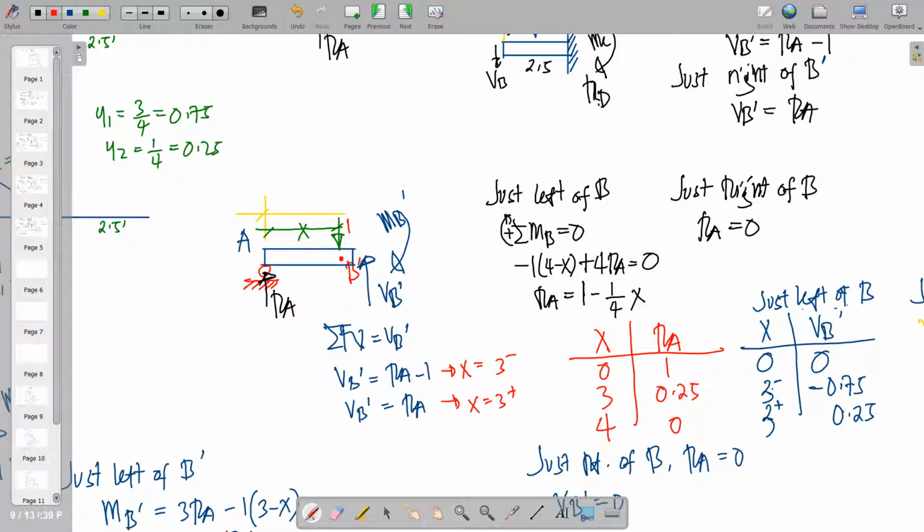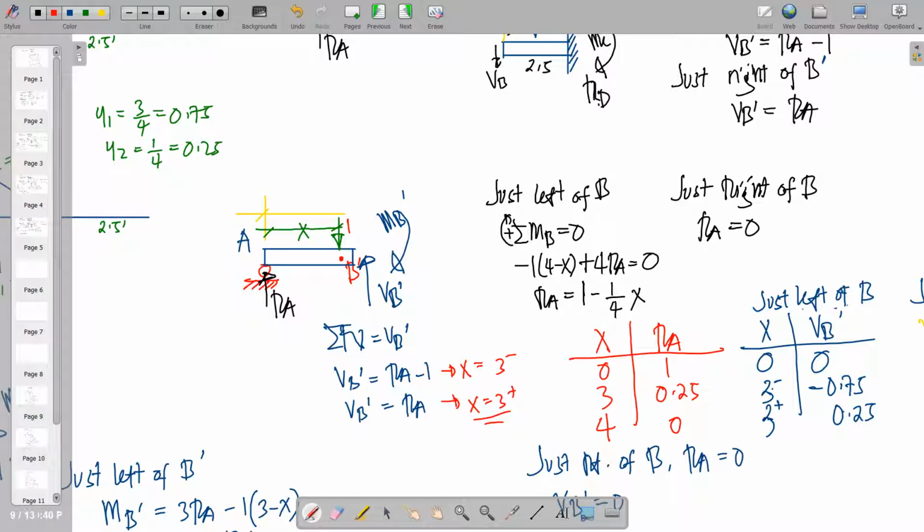So for V prime, for this segment wherein 1 is no longer present on the beam, we just remove 1 here, okay? We'll just remove 1 there. That is why V prime for that condition is always equal to RA.